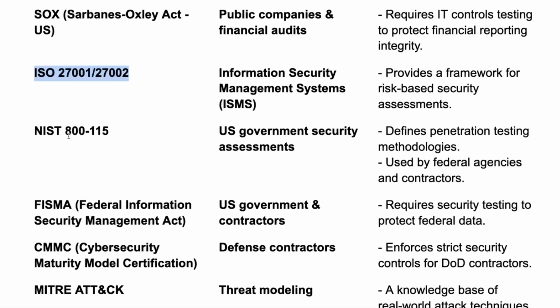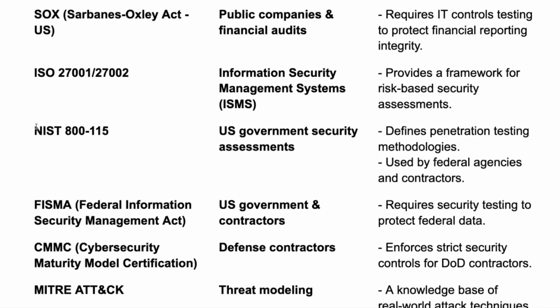NIST 800-115 has to do with U.S. government security assessments. There's also another thing called FISMA that has to do with Federal Information Security Management. So these two are very similar. They kind of go hand in hand. U.S. government security assessments define penetration testing methodologies that are used by federal agencies and the contractors that interact with those agencies. And then FISMA has to do with the U.S. government and contractors and requires security testing to protect federal data.